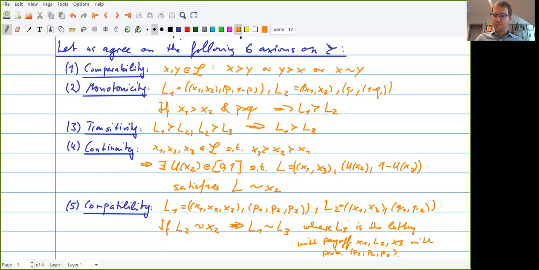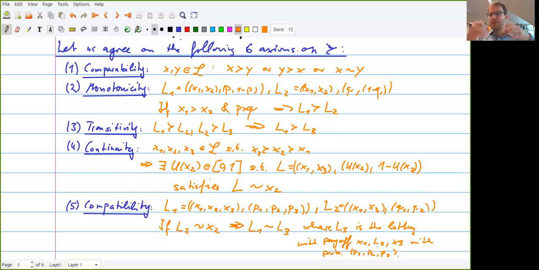here you have a new lottery which gives you the payoff x1 with the probability p1, the payoff x3 with the probability p3, and with the probability p2, it gives you the new lottery L2. And this lottery, of course, gives you then with the probabilities q1 and q2 the payoffs x1, x2, right?